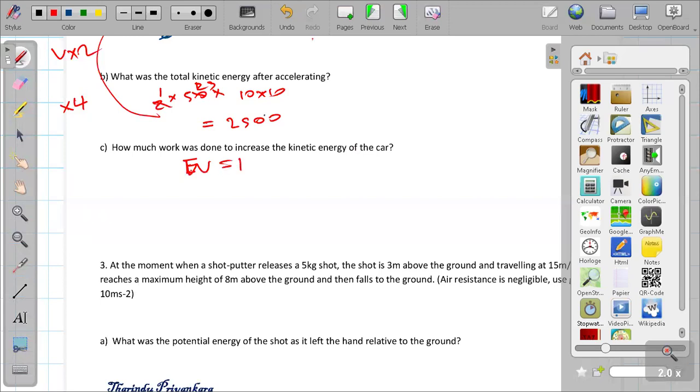The work done equals E_K final minus E_K initial. 2500 minus 625, 1875 joule is the answer. Okay.